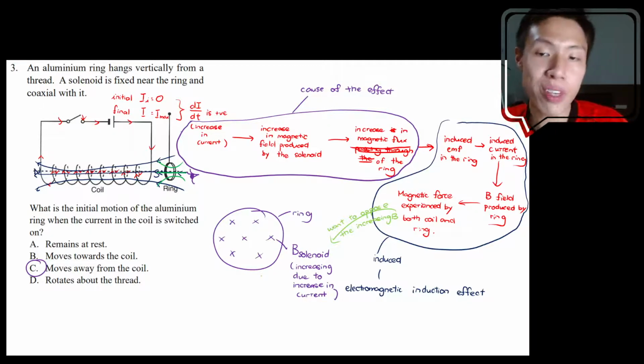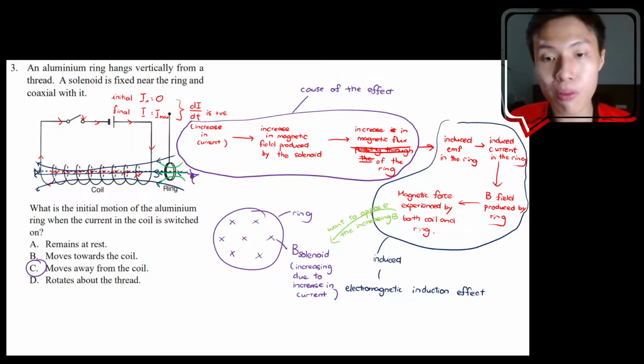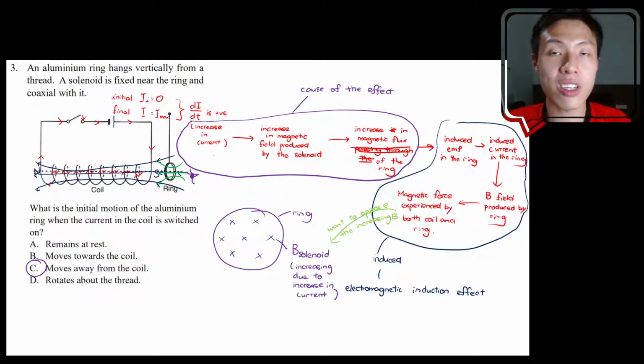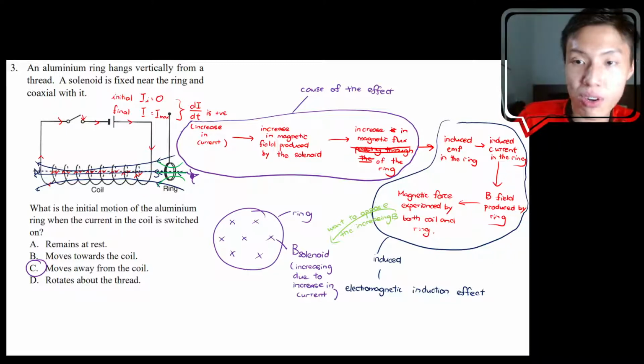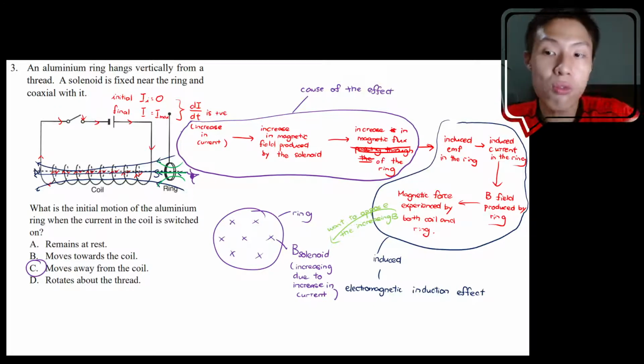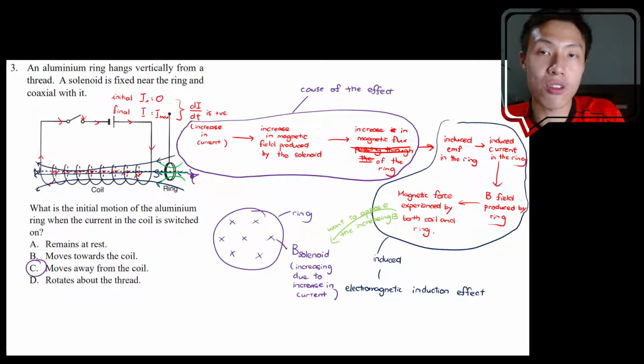The best way to reduce the B is to get away from the solenoid. If you get away from the solenoid, the magnetic field produced by the solenoid will not be that strong if you're further away. That means you are making an effort to reduce the magnetic field passing through the ring.